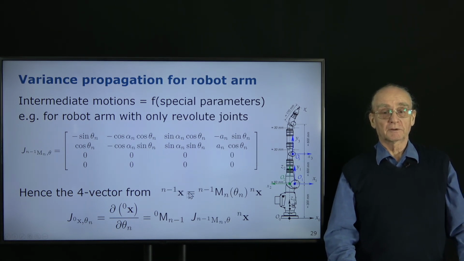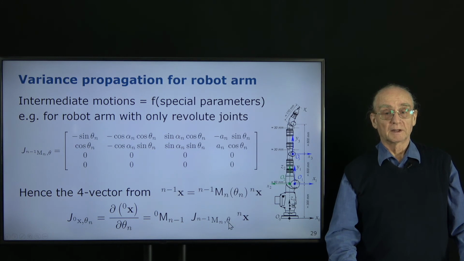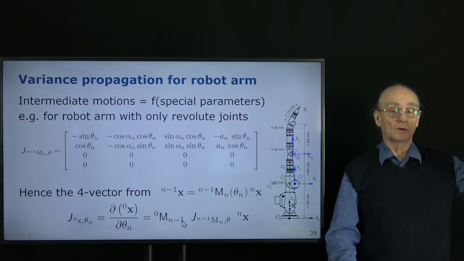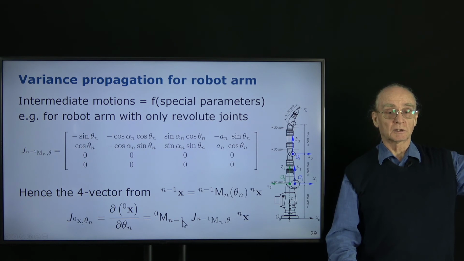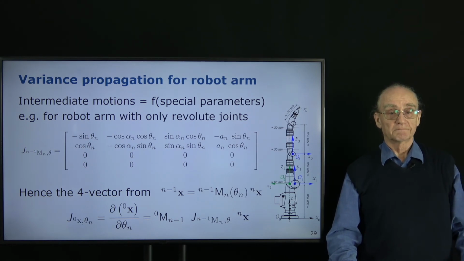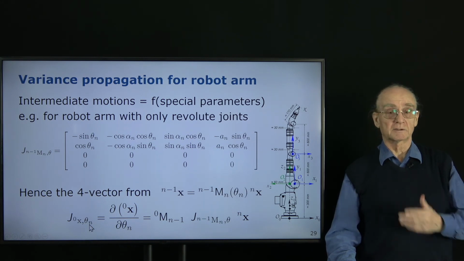And if we take the differential, we see that the Jacobian is nothing else than this matrix, and then, of course, multiplied with all the transformations which we need to come to frame 0, and multiplied with xn. So we have now a very simple situation: we have the Jacobians of our coordinate of the end effector in the system 0 with respect to all the individual angles. In our case, this would be 6 angles.